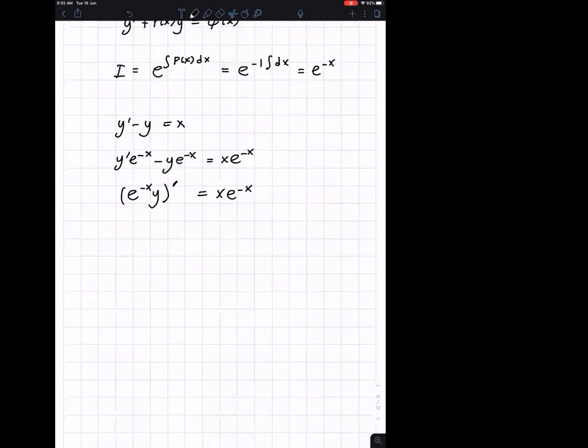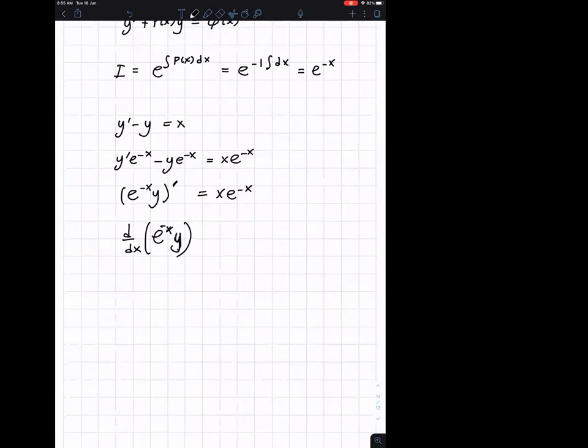Why I'm getting this is because, if I'm integrating this, the prime here is the same as dy/dx.